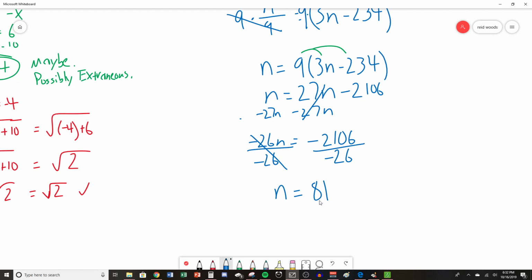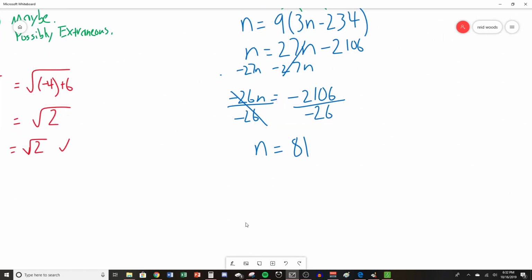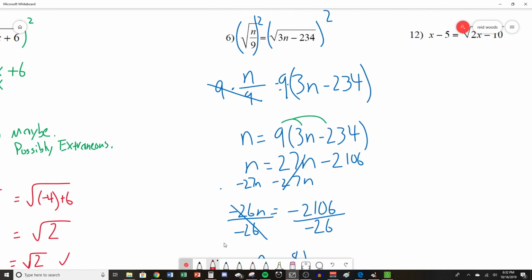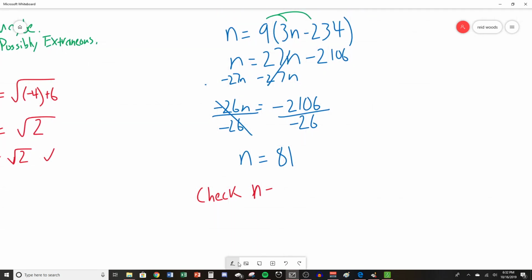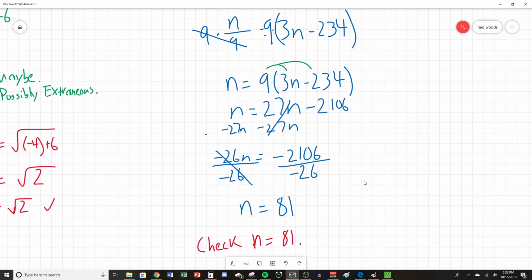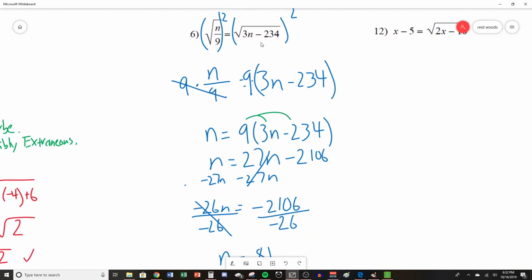Now, this is a maybe, remember? We have to actually check this to make sure that it works. So we want to check that n is equal to 81. So our function up here is, let me just copy this.